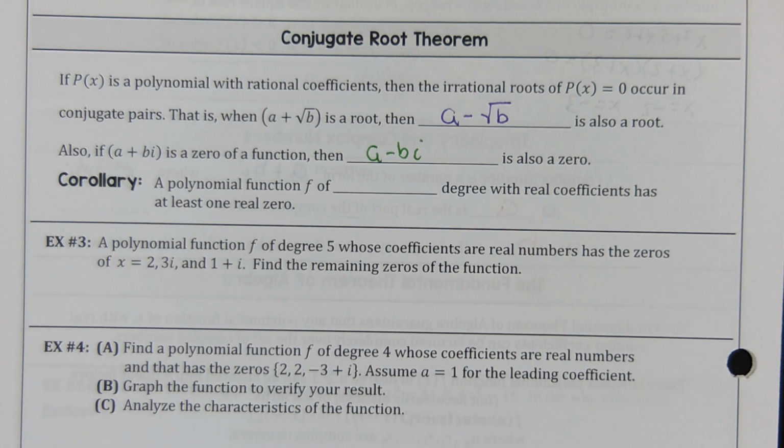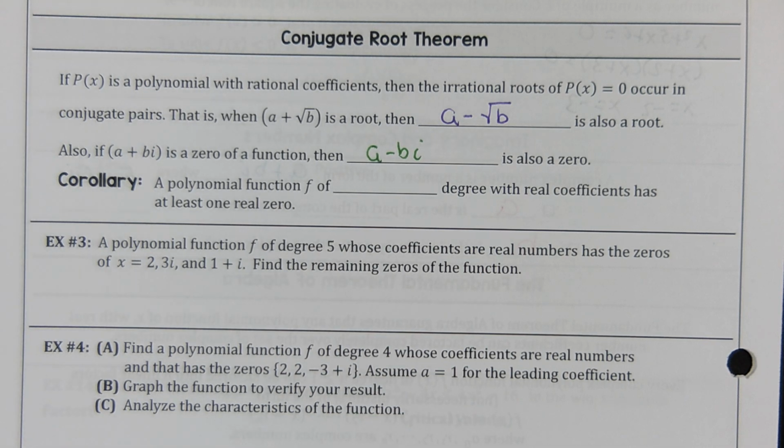And x to the third does have a solution. But why does that have to have a solution? It's got an odd degree. So what does it tell you about its endings? They go opposite directions.